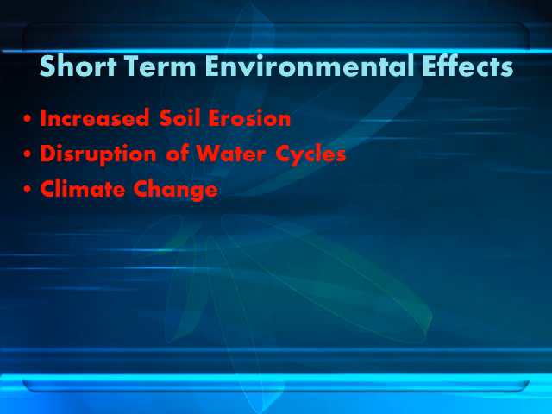The third short-term environmental effect is climate change. As a result of deforestation, the biggest problem that the whole universe has started feeling is climate change. Day by day, the weather is becoming more unpredictable.